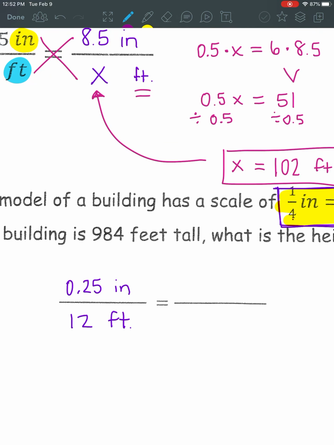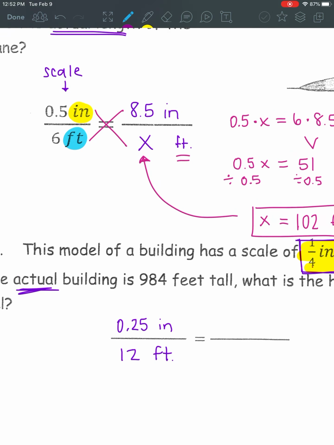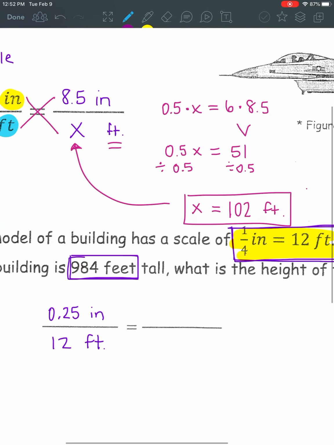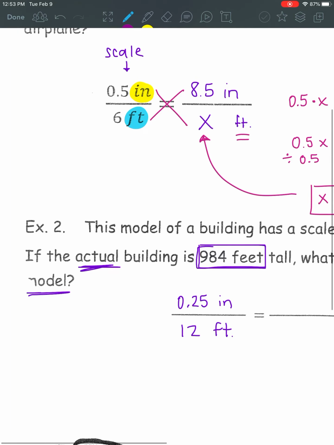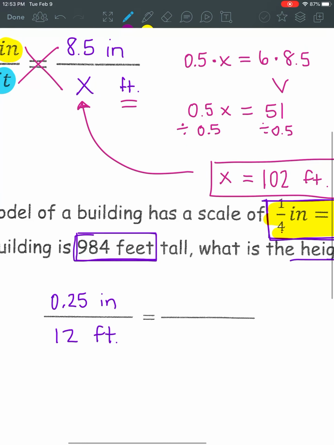Now, in this example, it says if the actual, so the real life building is 984 feet. So in our second fraction, we need to put this number where it belongs, but we need to ask ourselves, should it go on the top or the bottom? And what are we solving for? What is the height of the model? So the model we put on the top. That was our inches. The actual real life was feet. That goes on the bottom.